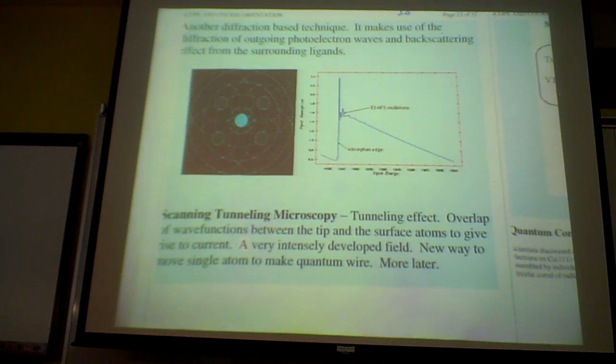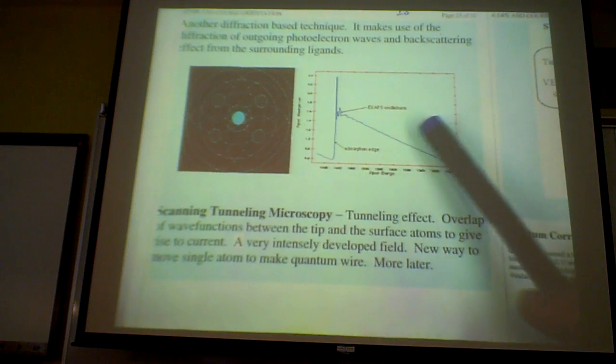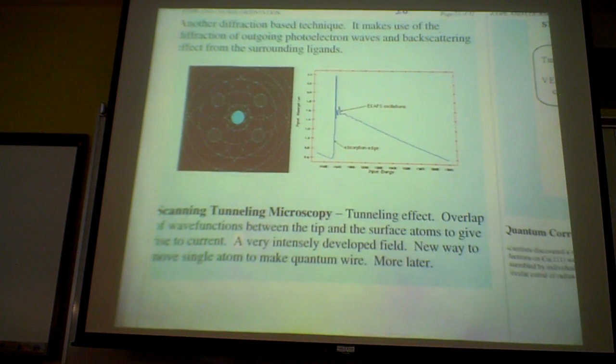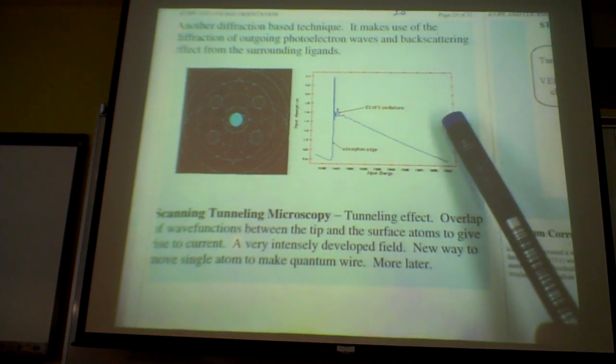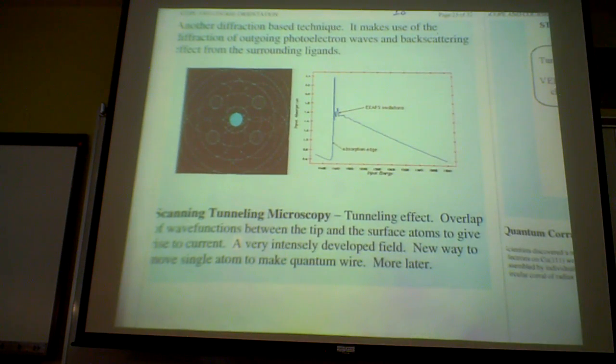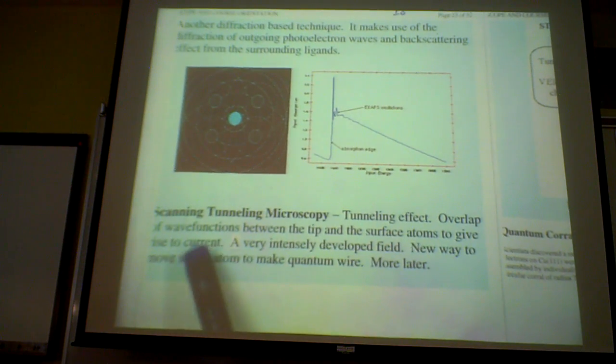And most of the time, when you do the XAFS technique, you do require a high energy physics facility called a synchrotron, and Canada has one. It's called the Canadian Light Source. It's located at the University of Saskatchewan, and we'll talk a little bit more about that when we get to this.